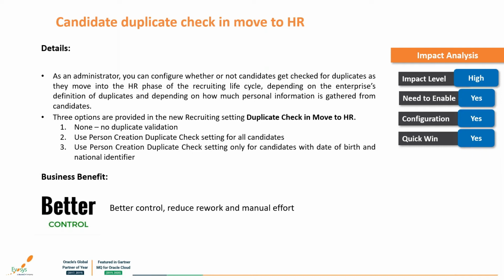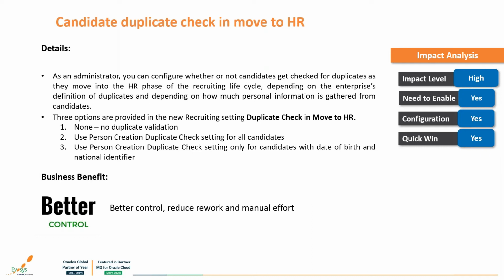The third one is use person creation duplicate check setting only for candidates with date of birth and national identifier. You can now decide to check only candidates who provided their date of birth and national identifier while applying to the job.